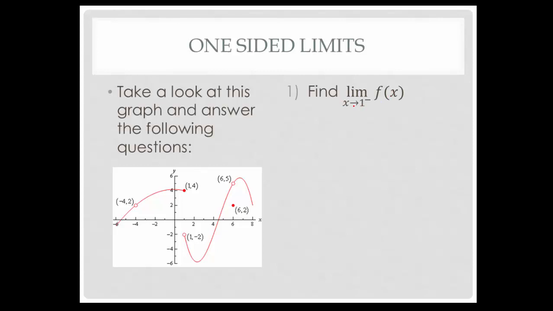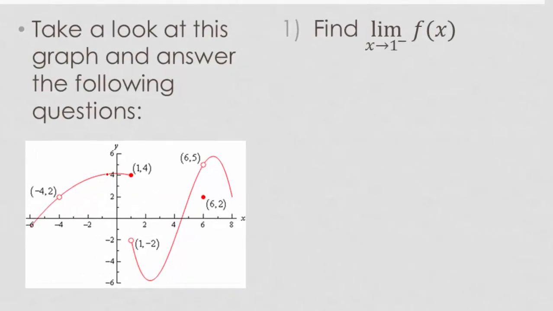That means x should be approaching 1 from numbers smaller than 1, physically on the left side of it. So 0.9, 0.99, etc., if you were thinking of this numerically instead of graphically. That's up here on your function. You're coming at 1 from numbers smaller than 1. So from the left side, this limit is equal to 4.